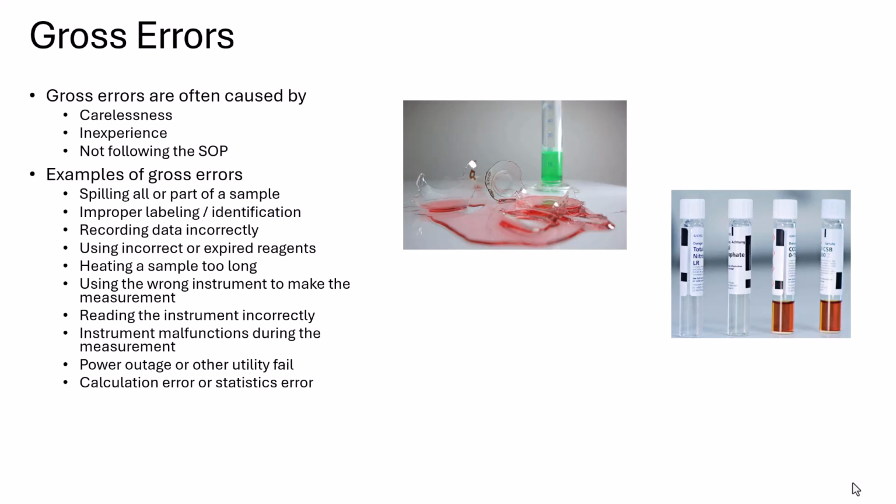So maybe a circuit board burns out in the middle of the measurement, or you have a power outage or some other utility failure, or maybe your statistics program didn't work correctly, or you put the wrong numbers into Excel. A simple example here is the instrument read 1.00 grams, but the person reading the instrument recorded 100 grams. So that's an example of a gross error.